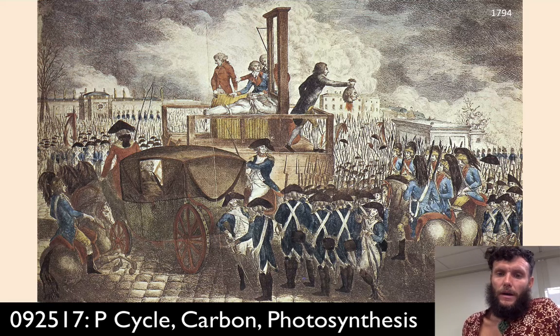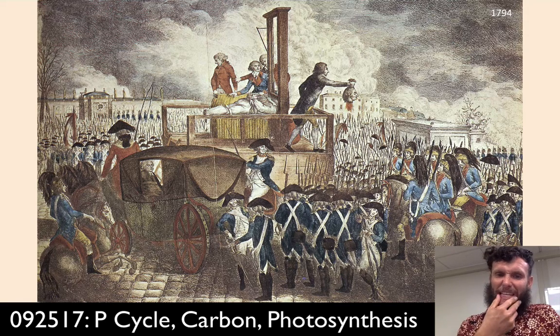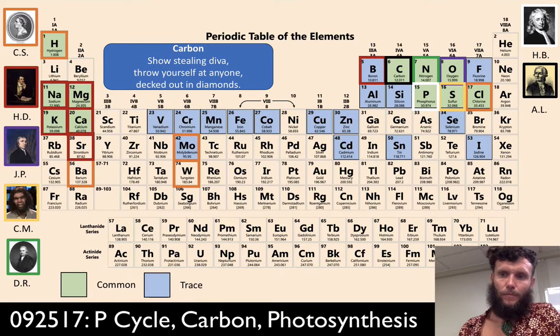He was young. But his wife carried on and continued to publish his findings and disseminate the ideas that they had come to. So we're going to put Lavoisier up there around carbon, although he left his mark on a lot of the elements.